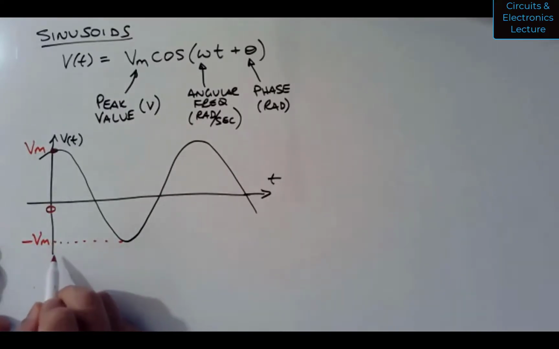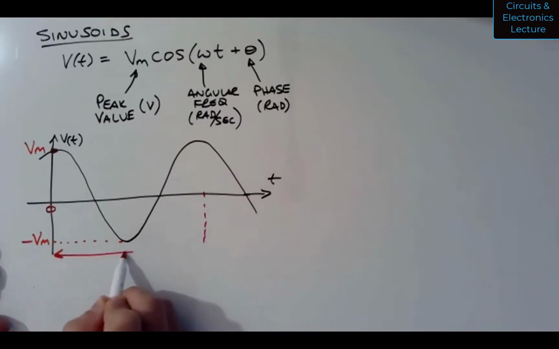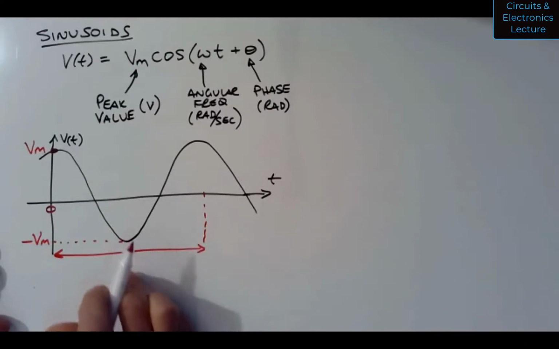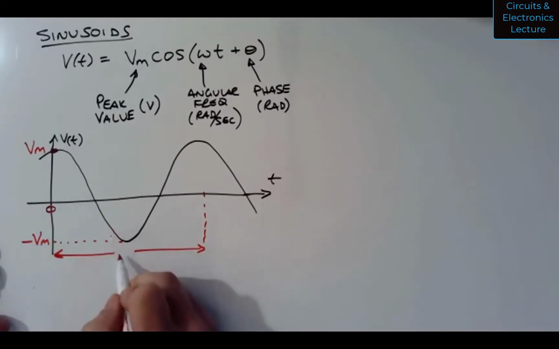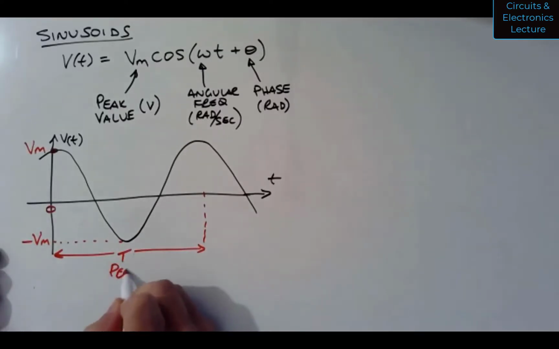The frequency defines how rapidly this wave transitions versus time from high to low. We're going to define a term called the period, which is in seconds.